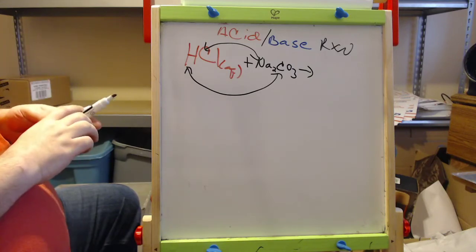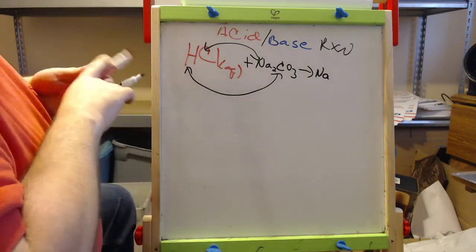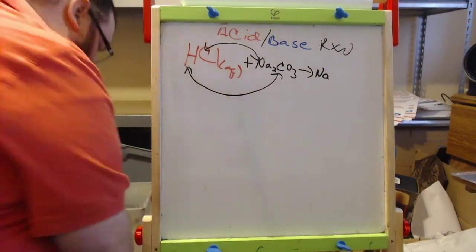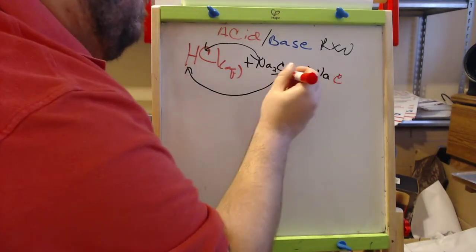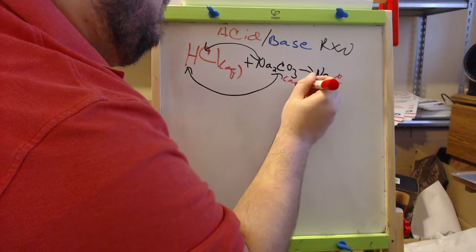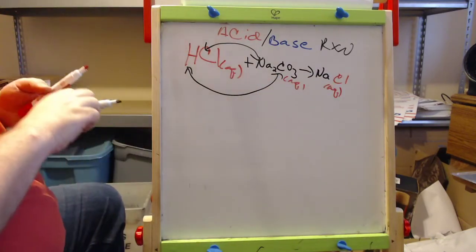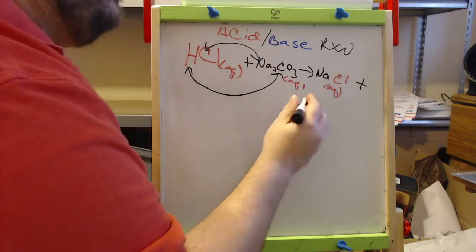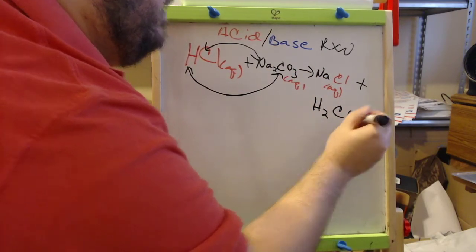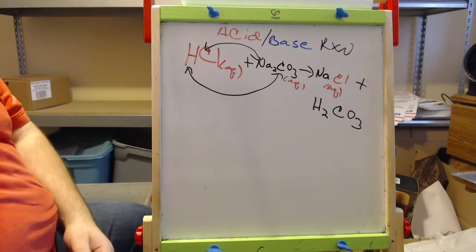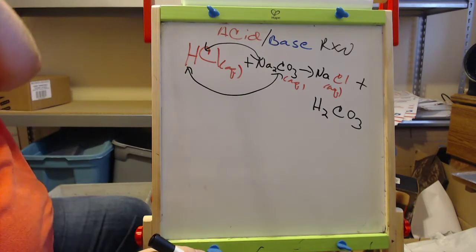So we're going to get NaCl, and this is aqueous here. And we get a second product: hydrogen goes with carbonate and makes H2CO3. But here's the problem with H2CO3. H2CO3 is not a stable compound.